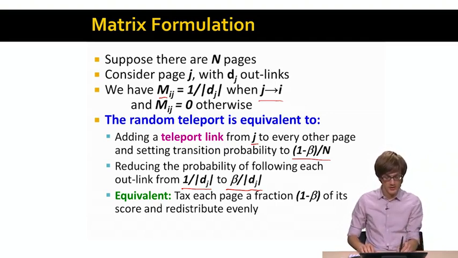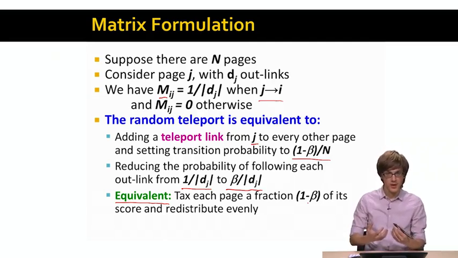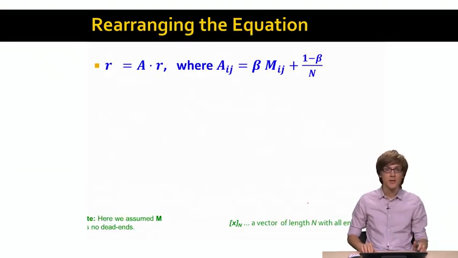However, this transformation is actually equivalent to saying that we tax the PageRank of every page by a fraction of 1 minus beta, and then take this 1 minus beta fraction of the PageRank scores and distribute them evenly, meaning that this random teleportation part of the PageRank score gets evenly distributed among the web pages. So this is the intuition. Let me now show you how the mathematics works out.